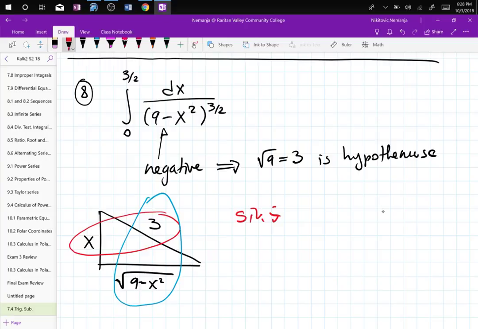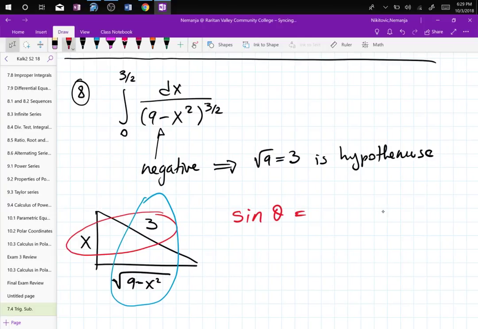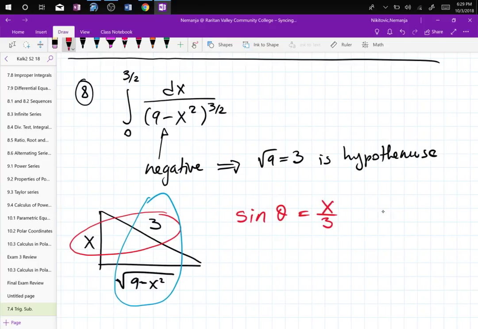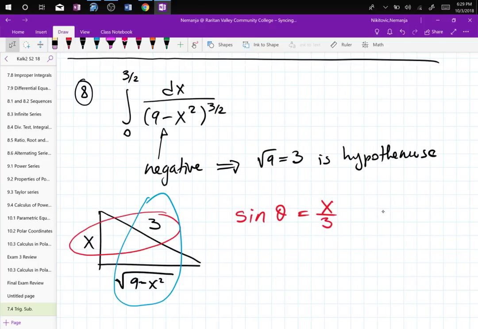So sine theta is equal to opposite over hypotenuse, so x over 3. From there, x is equal to 3 sine theta.